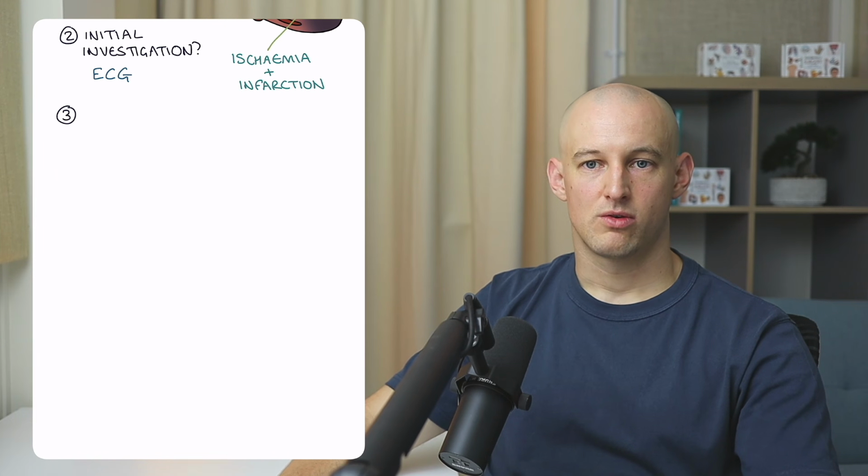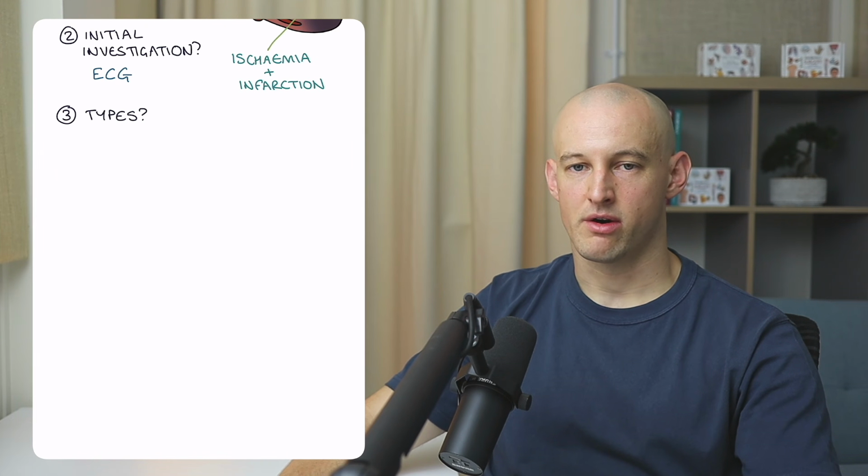Question 3. What are the types of acute coronary syndrome? There are 3 types.